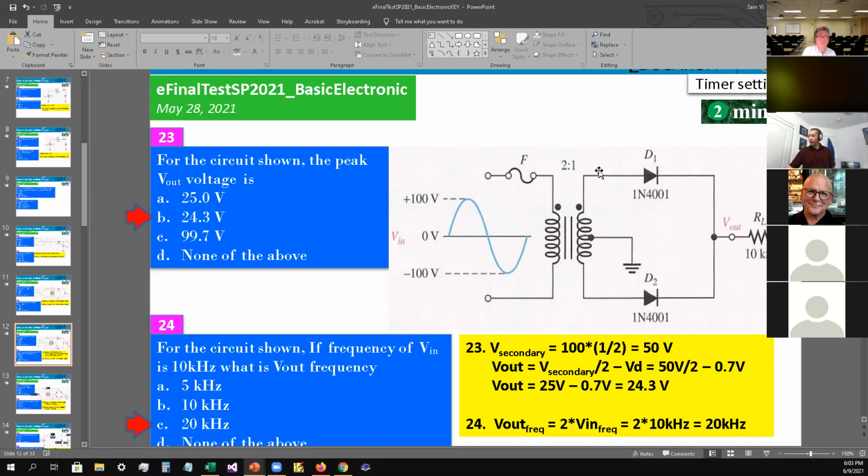On the secondary it'd be 50, and this is a center tap, so 25 exists on this side and 25 on this side. So 25 minus the 0.7 volt over diode D1 goes out to V out, giving 24.3 volts. So the answer is B as in Bob for number 23.